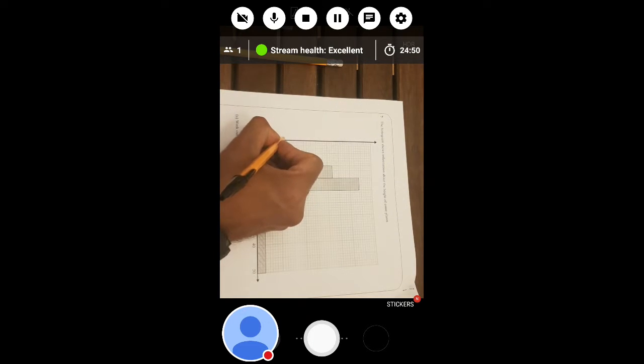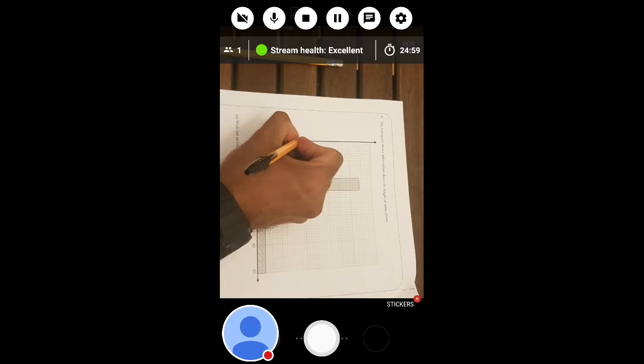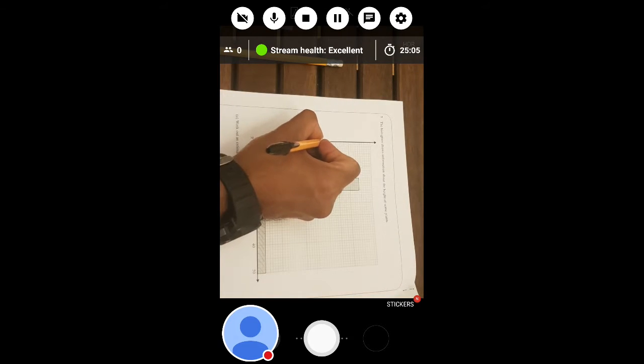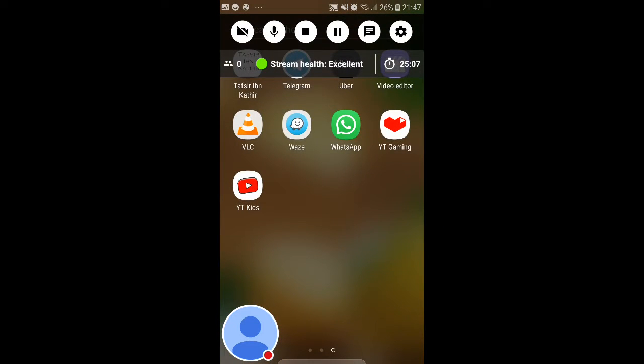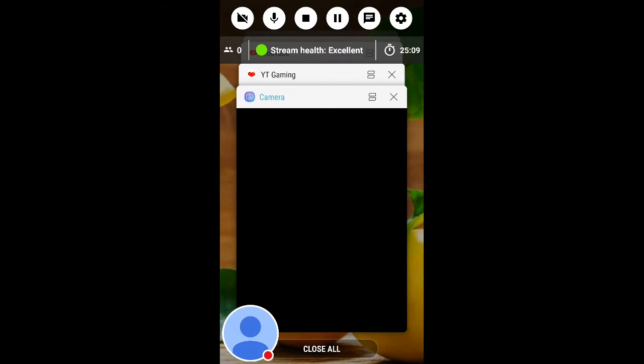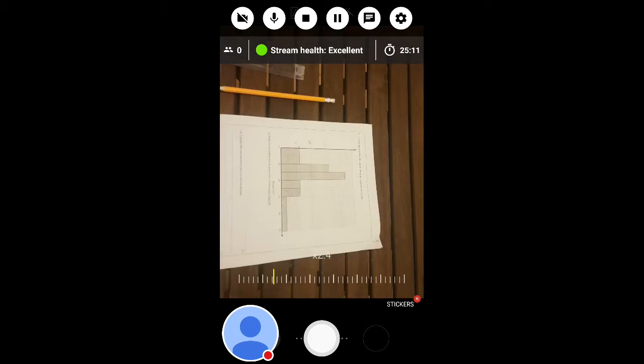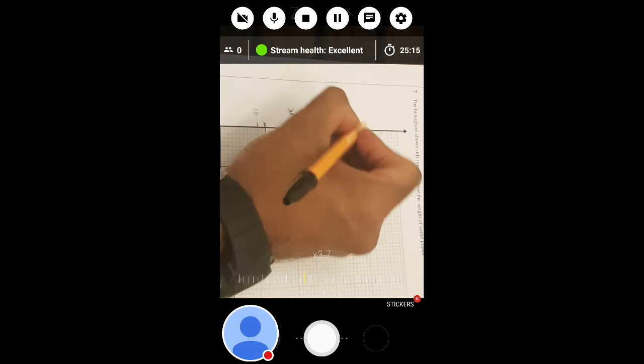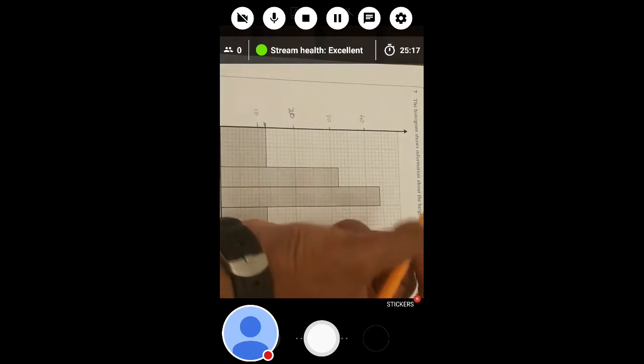So let's just go up 10 little squares, 20 little squares. I was writing 12 for some reason. This one's 30. That one's 40. This is not the frequency density.